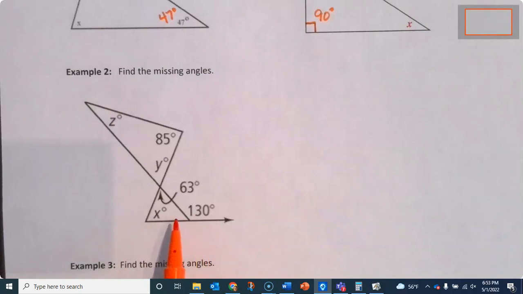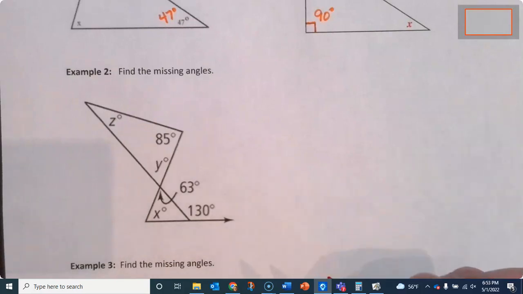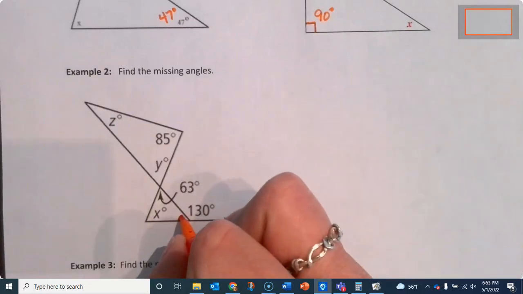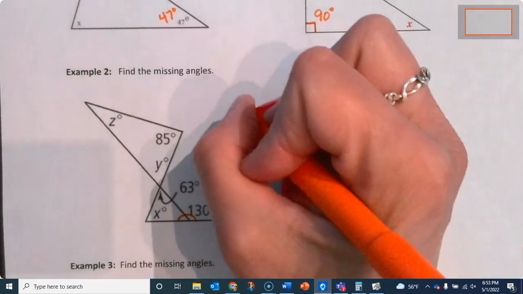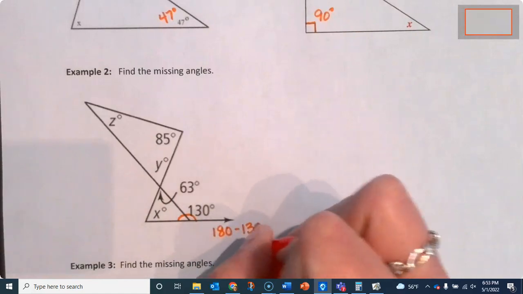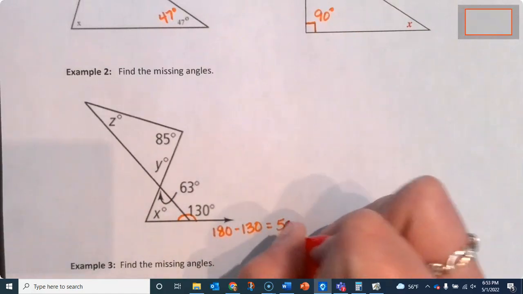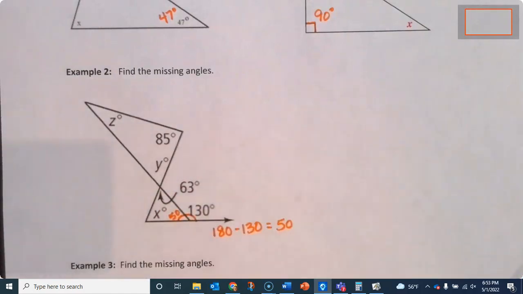However, that's not inside the triangle. That's this angle outside of the triangle. But what we know is when you have two angles that make a straight line, they add up to be 180 degrees. So if I take 180 minus 130, I get 50 degrees. So this angle right here of that triangle is a 50-degree angle.